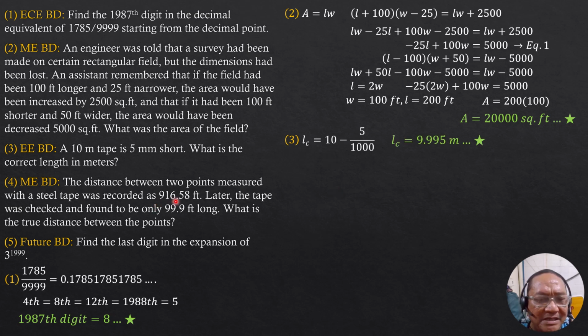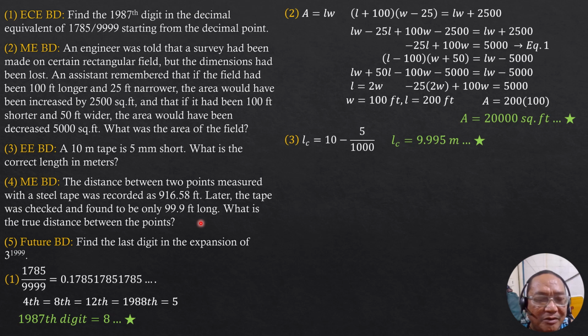Number 4. The distance between 2 points measured with a steel tape was recorded as 916.58 feet. Later, the tape was checked and found to be only 99.9 feet long. So it means for every tape length, it is 0.1 foot shorter.